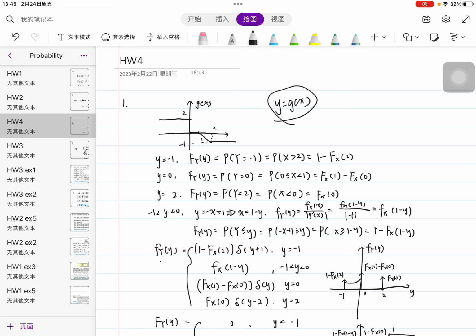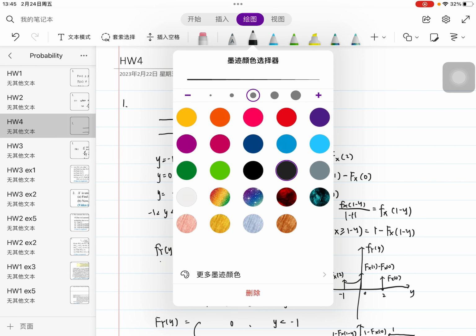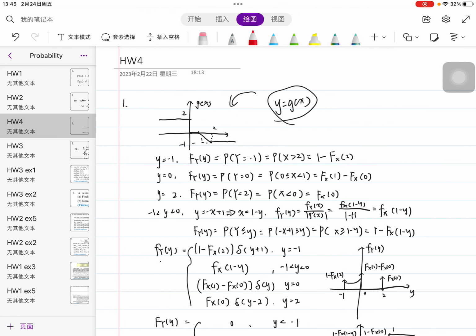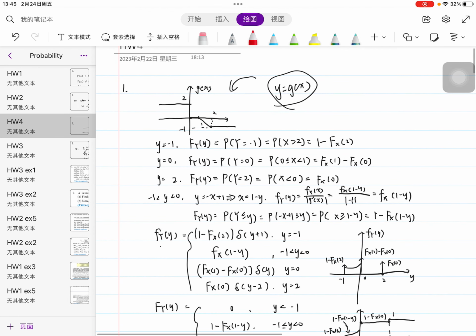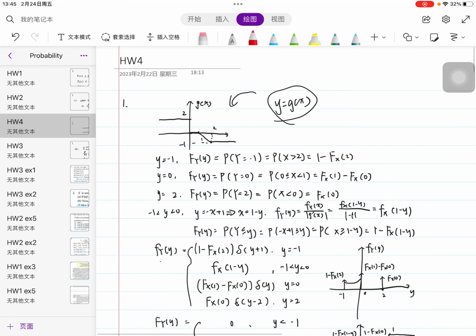We are given this, and based on this piecewise function, we can draw this figure of g(x). Let me change the color here. Now we can discuss Y to get what we want.